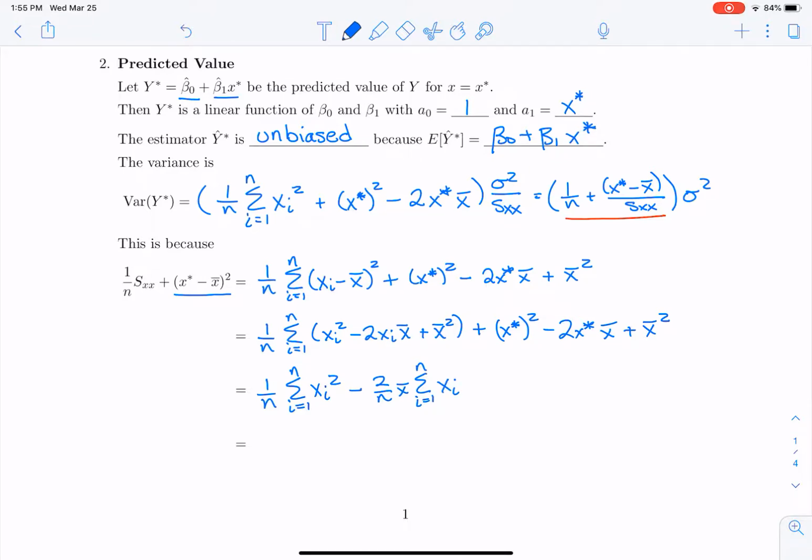And then the last term I'm going to write as 1 over n, the sum from i equals 1 to n of x bar. And then I still have my three terms at the end here, plus x star squared minus 2x star x bar plus x bar squared.